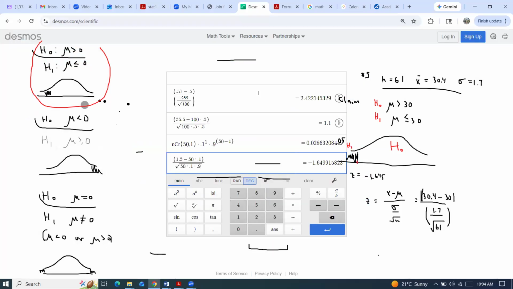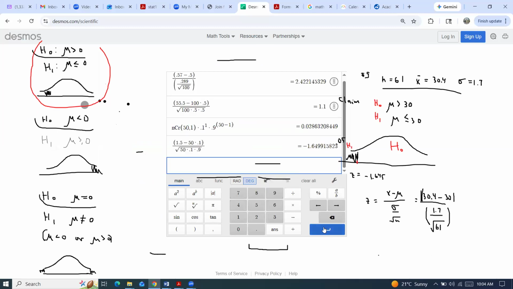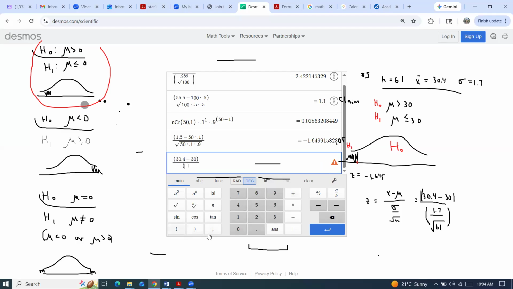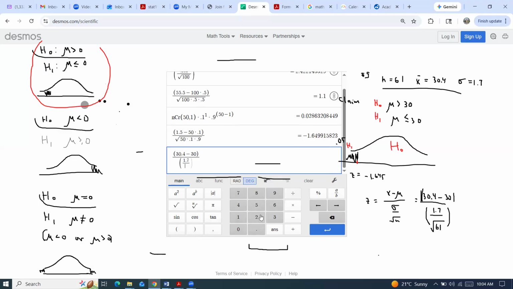So I get my favorite calculator and put the numbers in. We already did this numerous times. 30.4 subtract 30 on the top, divided by 1.7 divided over the square root of 61.